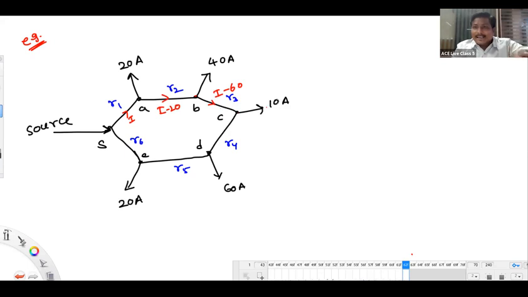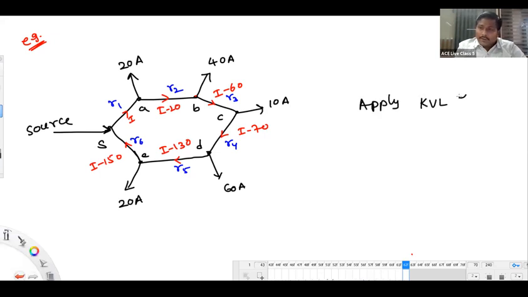I minus 60 is entering, 10 is drawn, so this current is I minus 70. And this current will be I minus 70 minus 60, so I minus 130. And this current will be I minus 150. Simply apply KVL for this loop and find the current I. After getting that current I, we come to know the current flow in each and every section.